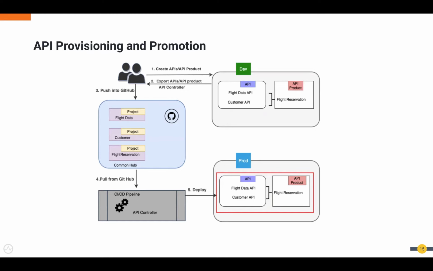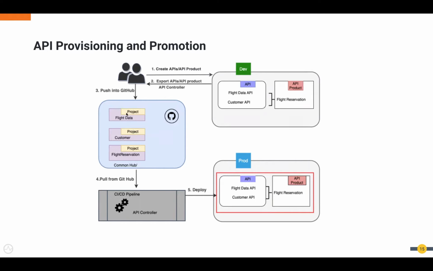As the first step, they will be creating APIs and API products via the publisher portal. After that, APIs and API products have to be exported from the dev environment. For that, we use the WSO2 API controller. Once exported, those need to be committed to the GitHub repository.